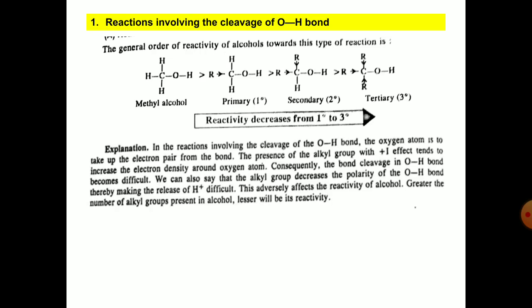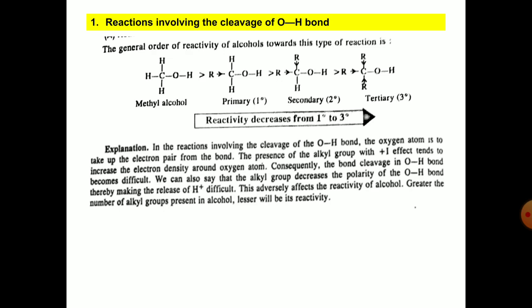In this reaction involving the cleavage of the OH bond, again I am explaining, the oxygen atom is to take off the electron pair from the bond. The presence of the alkyl group with the plus I effect tends to increase the electron density around the oxygen atom.